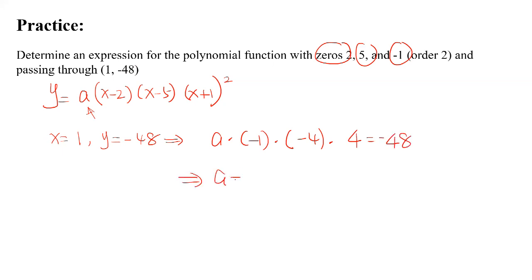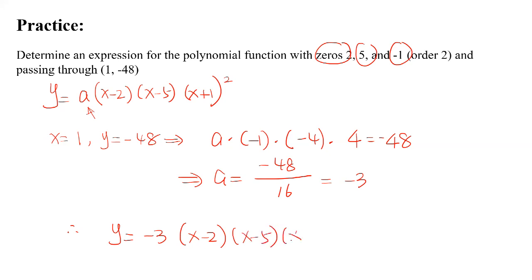So a is -48 over 16, which is -3. So the function is y equals -3 times x minus 2 times x minus 5 times x plus 1 to the second.